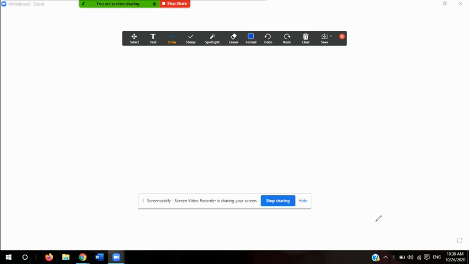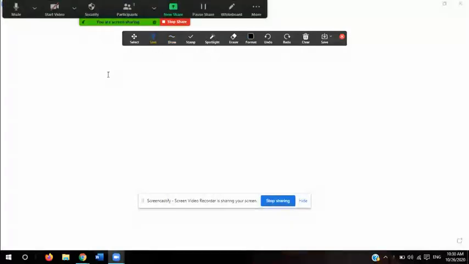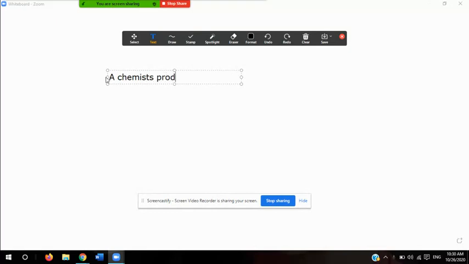is saying that a chemist produced 11.9 grams of aluminum. So let me go ahead and text this down. It says a chemist produced 11.9 grams of aluminum.